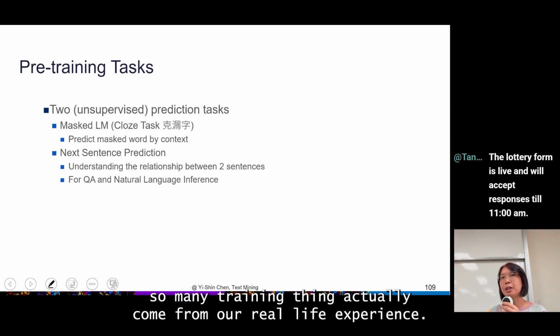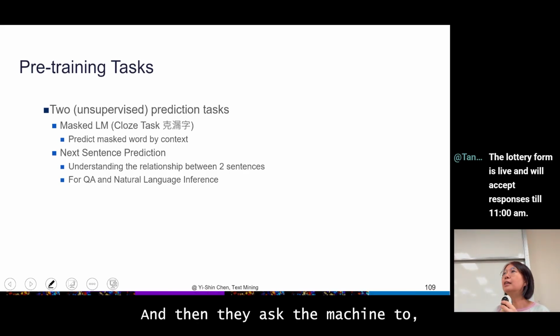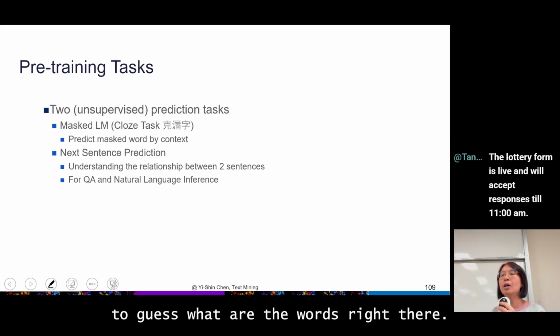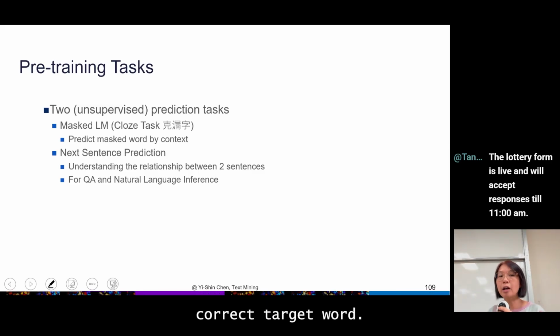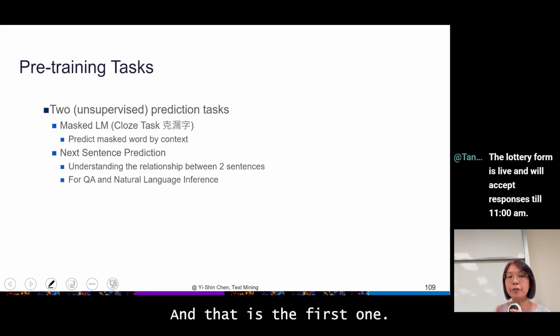You will find many training methods actually come from our real life experience. They ask the machine to guess the words right there: they give it the surrounding words and ask it to get the correct target word. That is the first one.